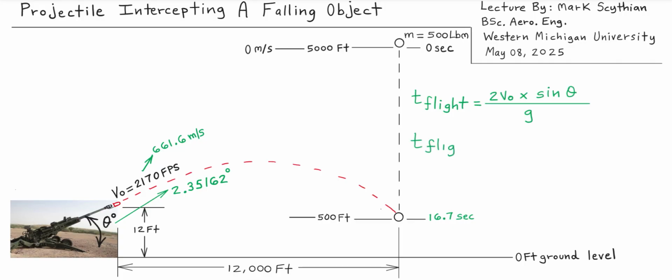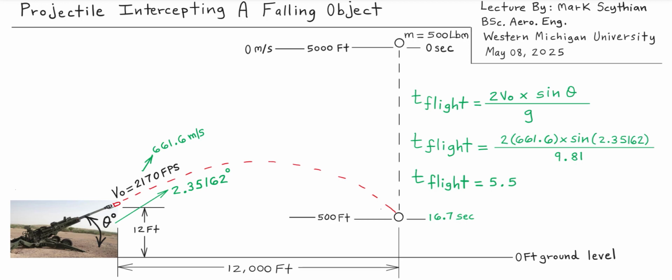So if we work this out, we get 2 times 661.6, and again, it's not squared for the time of flight equation. So it's 2 times 661.6 times the sine of 2.35162 degrees. And then we divide that into 9.81. So we get a flight time of 5.52 seconds, or 5.5 seconds. 5.5 seconds is the value we get there.